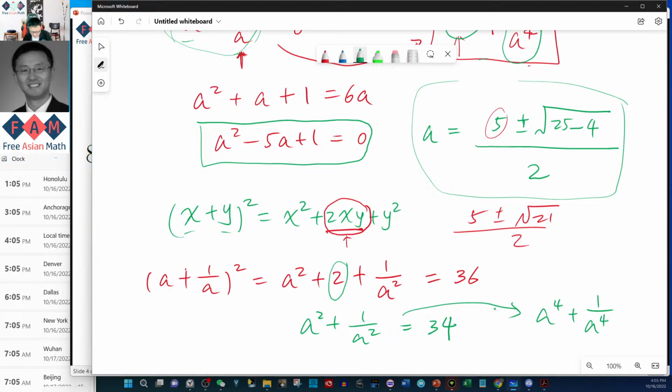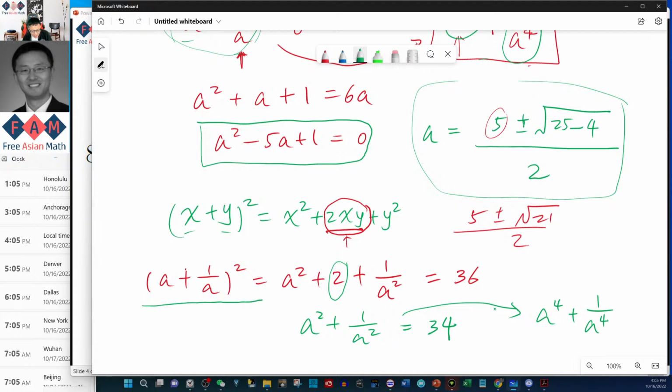Because conceptually, if you replace a squared with b, this will be b plus 1 over b. Now remember, a squared is b, but a to the 4th power will be b squared. So essentially, we still have a new iteration of the original problem.